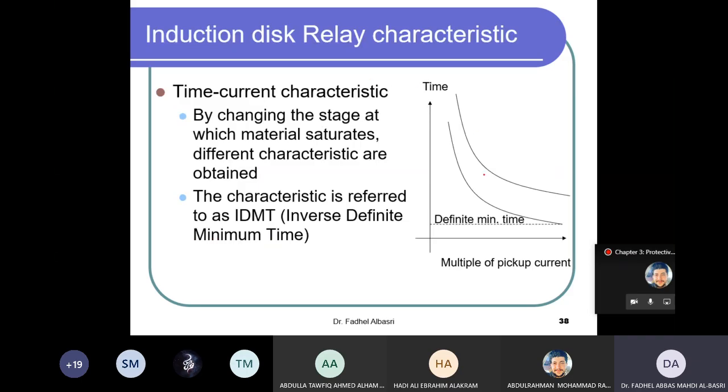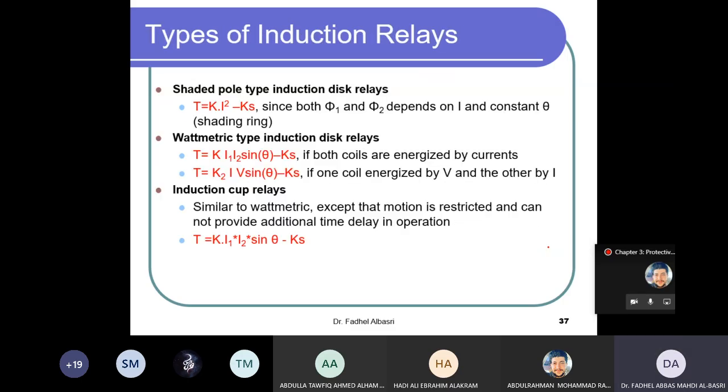and these are the operating characteristics of the relay, the operating time versus the current, or multiple of pickup current. What does multiple of pickup current mean? The input current over I pickup. I pickup is the current at which we set the relay.